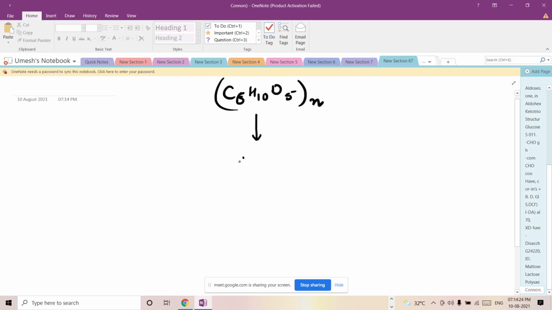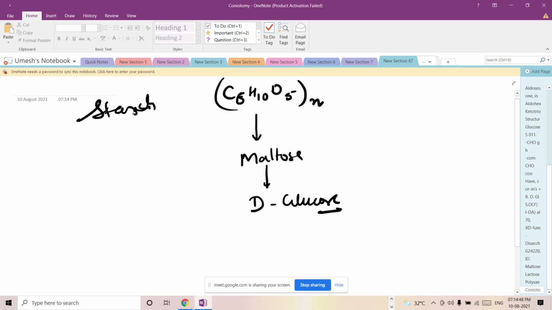Upon hydrolysis, first of all it gives maltose here, and then it gives the D-glucose. It means the glucose units are joined together to give the starch. From the hydrolysis only we can find out that starch is made up of some glucose units.